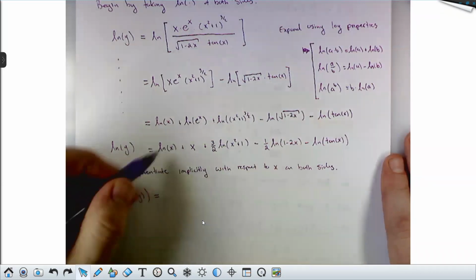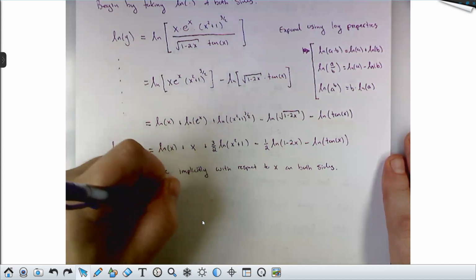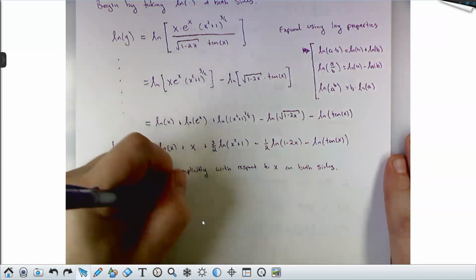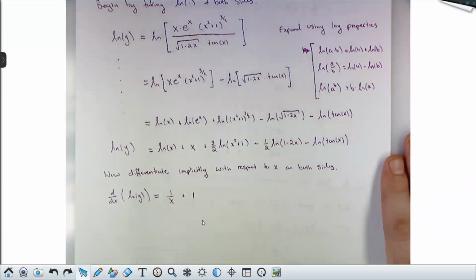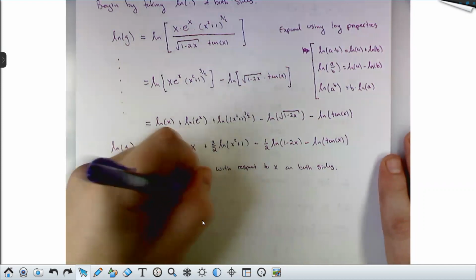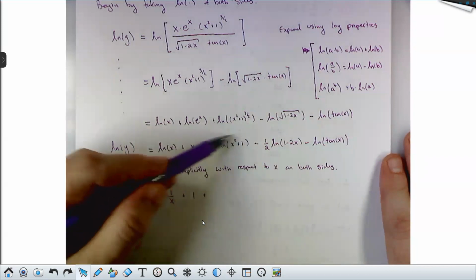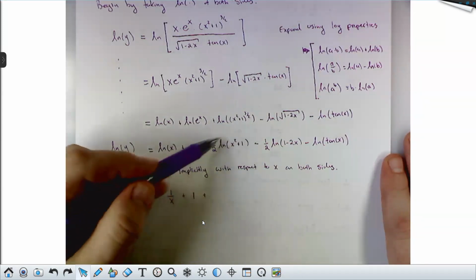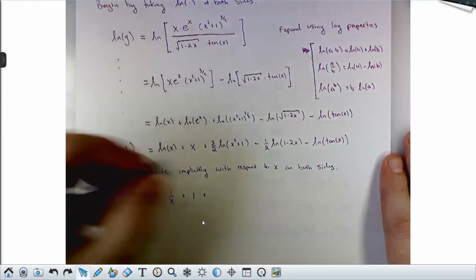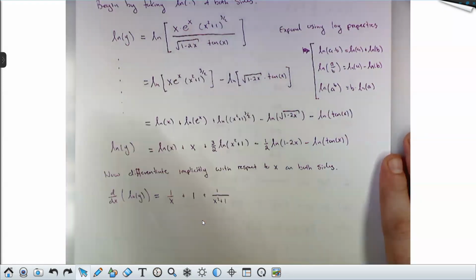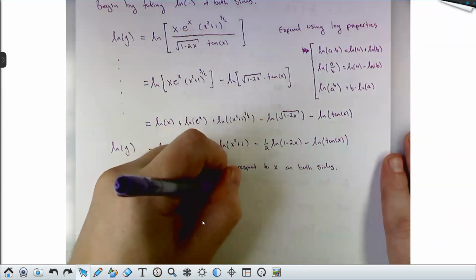The d/dx of ln x itself is 1 over x. d/dx of x is 1, plus d/dx of ln (x squared plus 1). This requires the chain rule. So I differentiate the outer function, leaving the inside alone. That's going to give me 1 over (x squared plus 1). And then we have to multiply by the derivative of the inside.